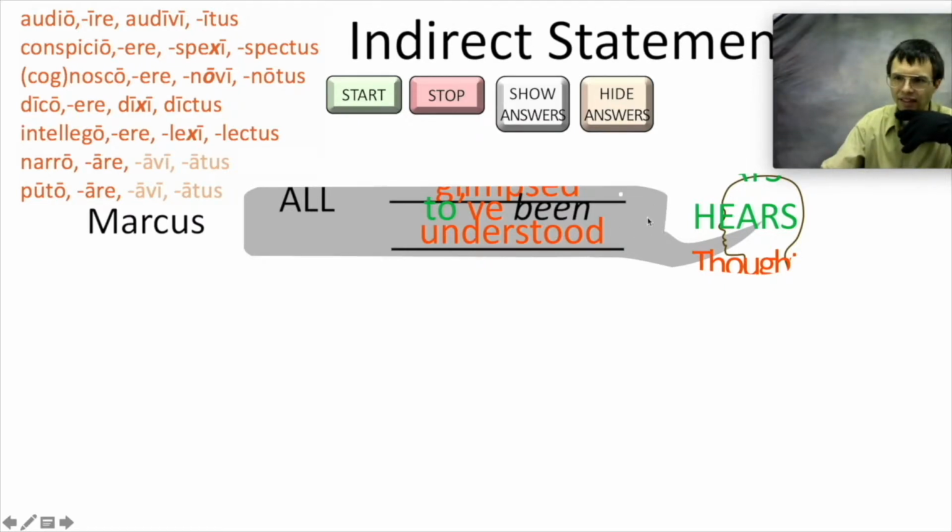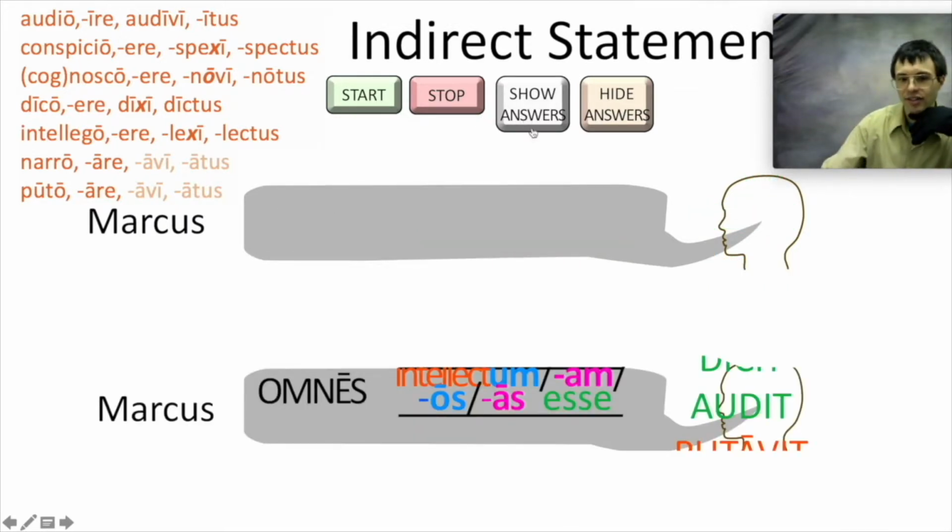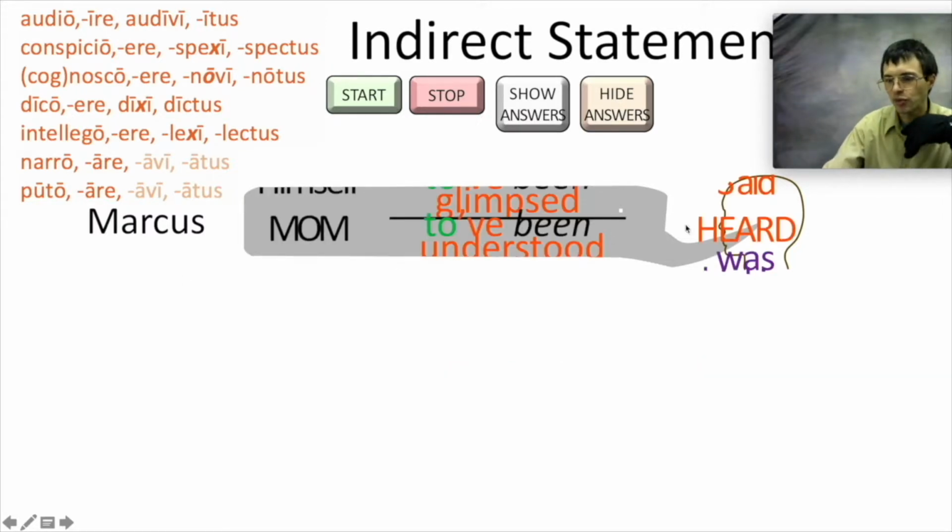But intellectus is just a description describing something already mentioned earlier in the sentence. What was being mentioned? Right, omnes, all, so it needs to match that. Right. Intellectos esse.